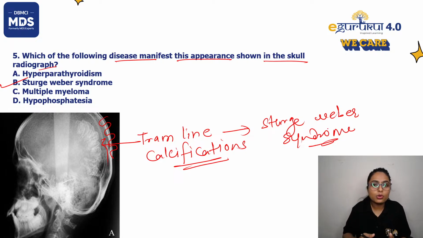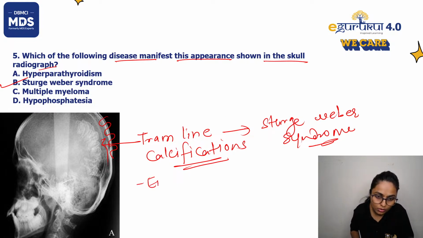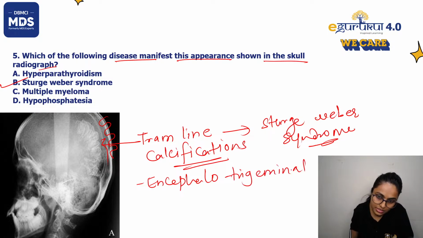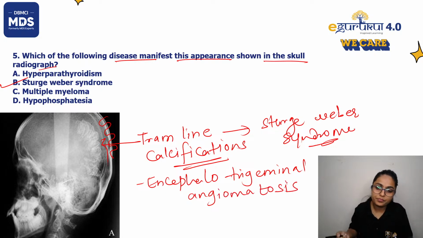It is basically a neurocutaneous disorder, and the other name for this is encephalotrigeminal angiomatosis.